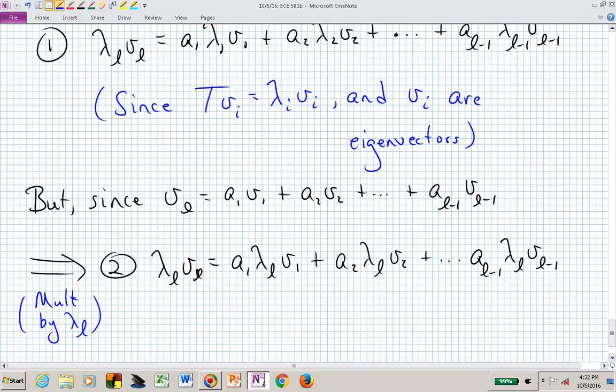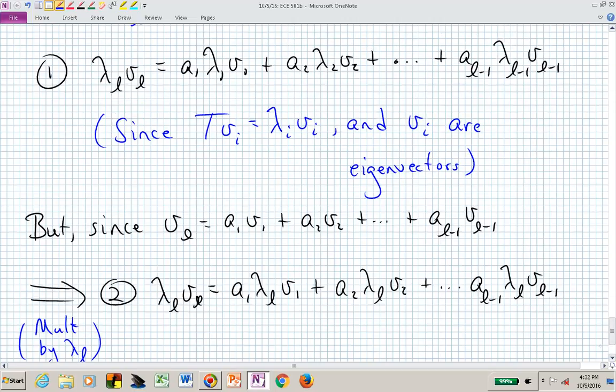And what I want to do now is combine equations 1 and 2. By combine, I want to subtract equation 2 from equation 1. That will give me a 0 on the left-hand side, because the left-hand side is the same on both equations. Remember what equation 1 equals; you have it in your notes.